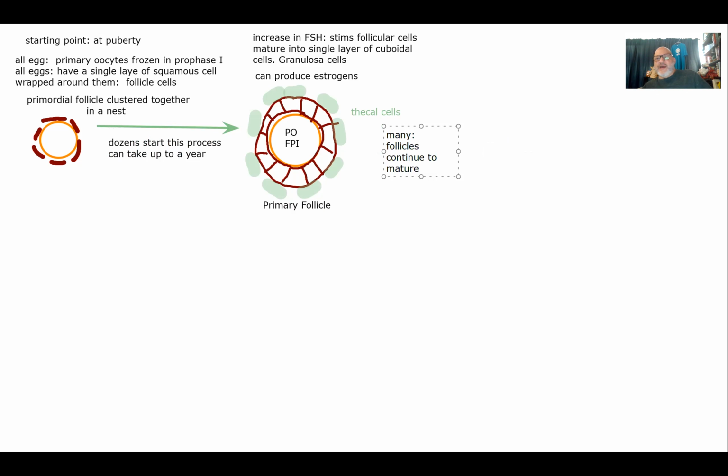It is starting the maturation process, but it is still a primary oocyte in prophase 1. That hasn't changed. But what has changed is what's going on around it.